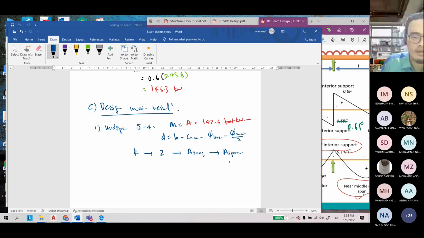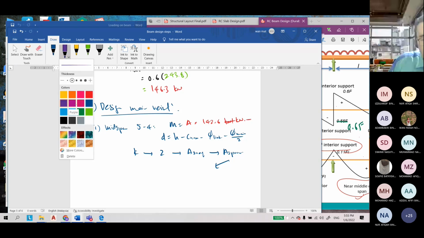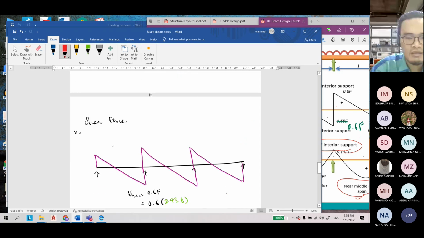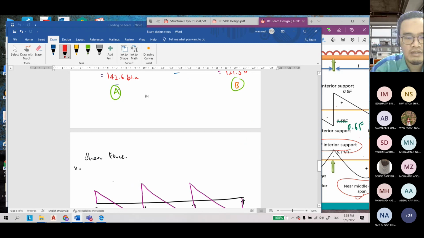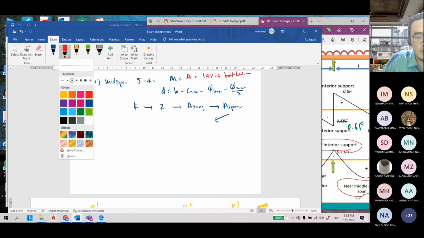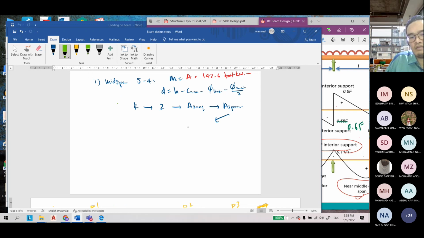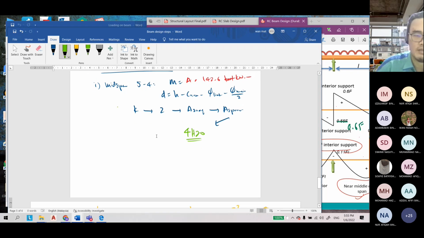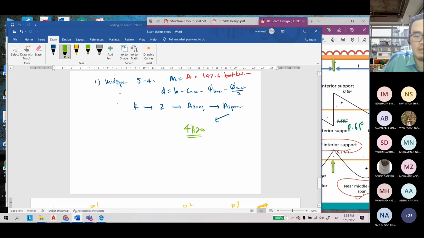Let's say, for example, in this part, for the A, the green one, your result is 4H20. Let's say 3H20, okay, 3H20.